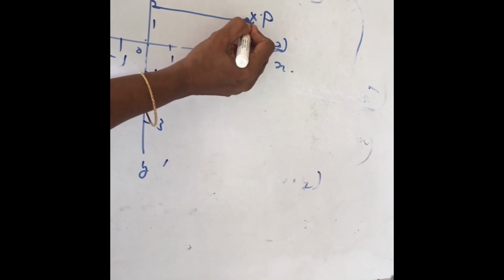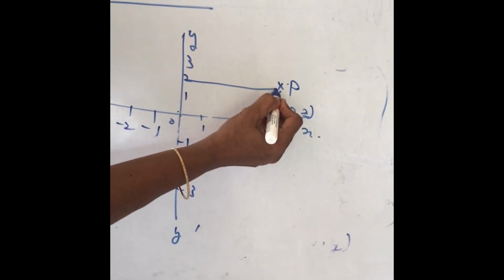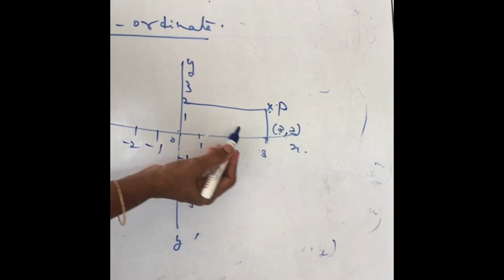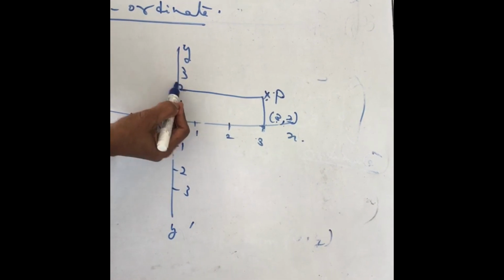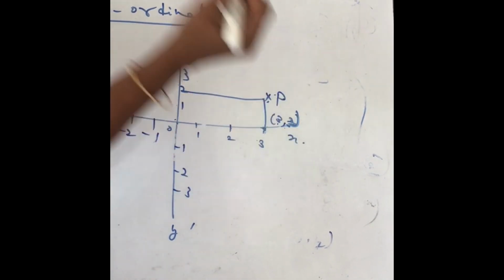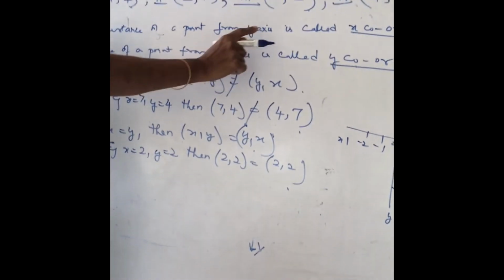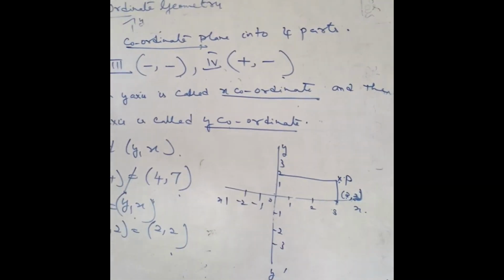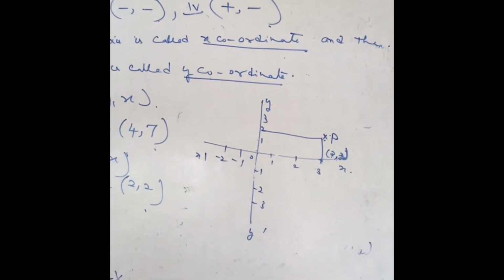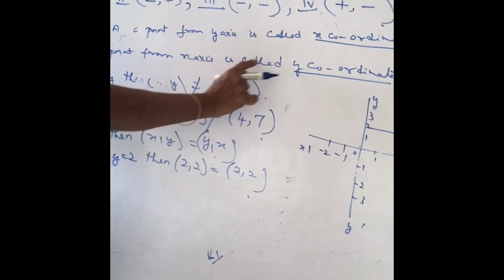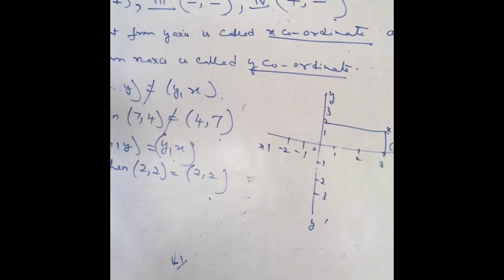How far is the point P from x-axis? Count, children. 1, 2. So the coordinates of P is 3, 2. The distance of a point from y-axis is called the x-coordinate, and the distance of a point from x-axis is called the y-coordinate.